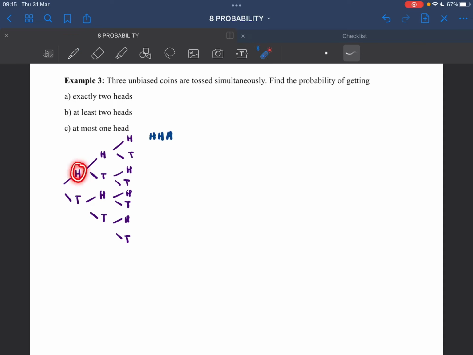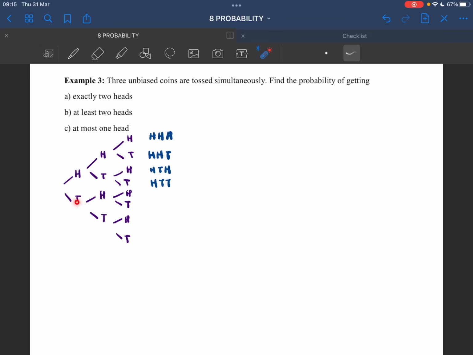And then we have H, H, T. Go along the branches. Start here, go there. Then H, H, T, and then H, T, H, and then H, T, T. Now all the H is finished.